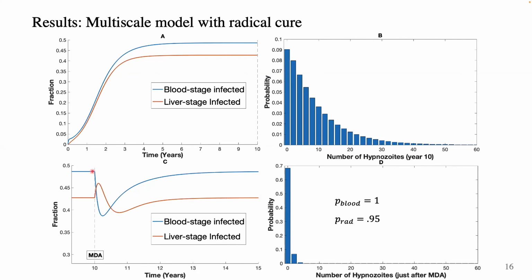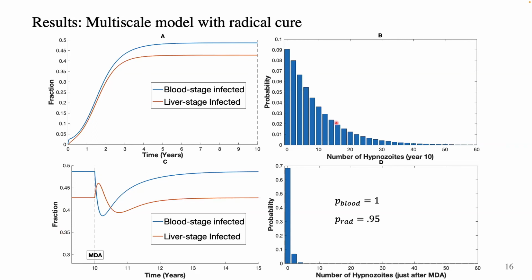Since the blood stage infected fraction is decreasing, they don't have any blood stage parasite at the moment, so they now have the chance of becoming susceptible again or becoming liver stage again. But since the radical cure drug cannot kill the hypnozoites 100% effectively, individuals will still have some hypnozoites within their liver. That's why there's a slight increase in the liver stage infected compartment.